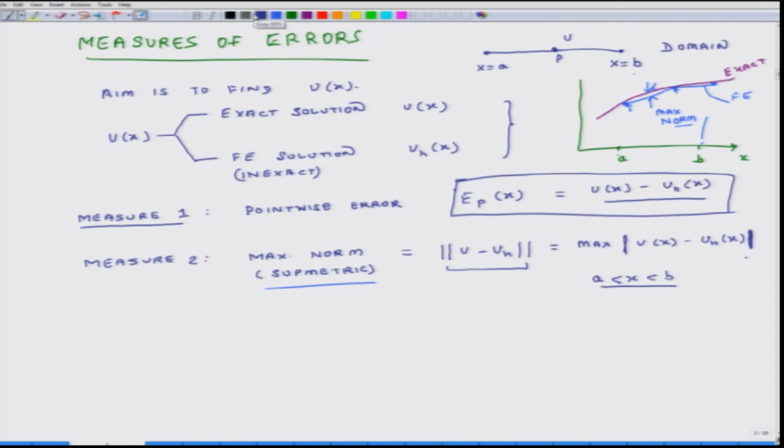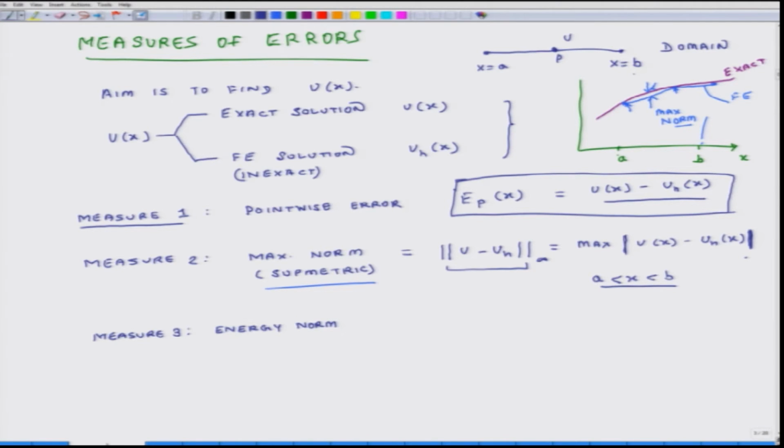Then there is a third measure, and this is called energy norm. And I forgot to mention that here there is a subscript which is infinity.